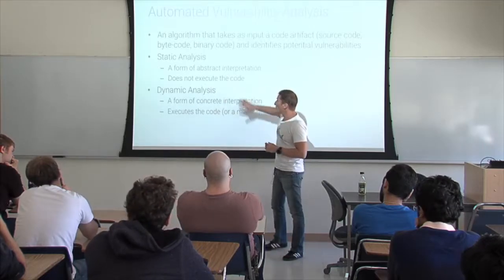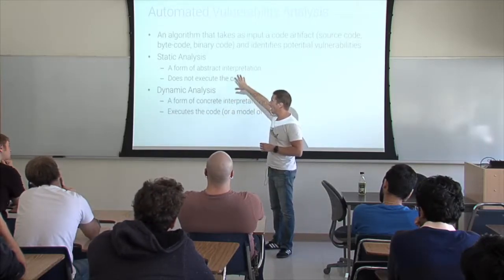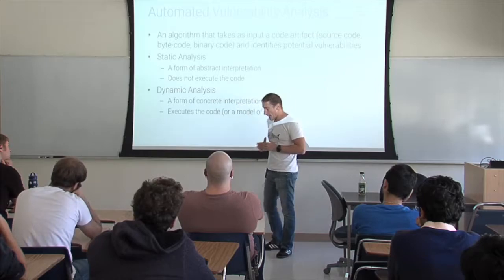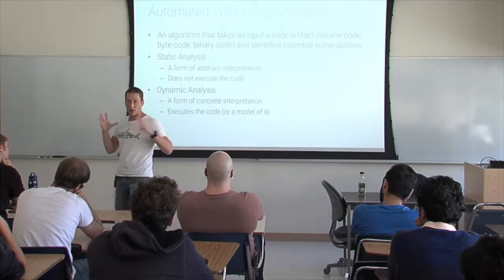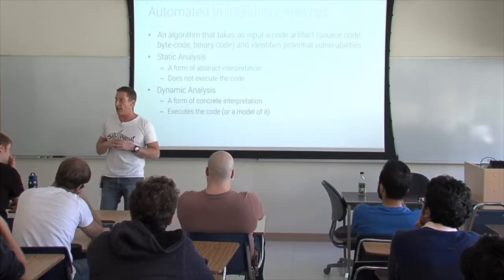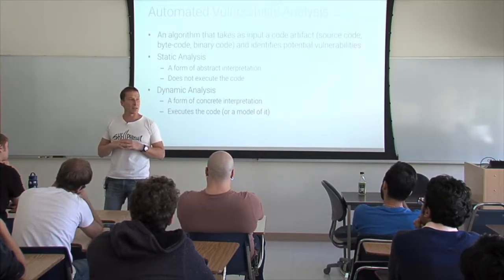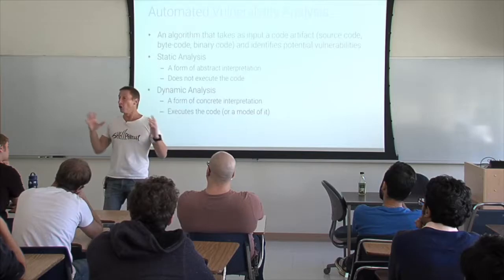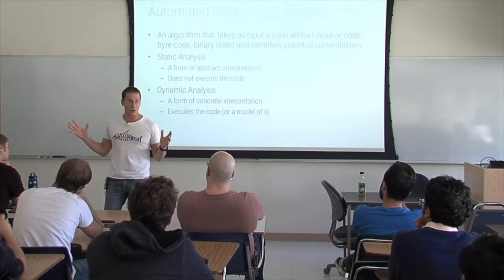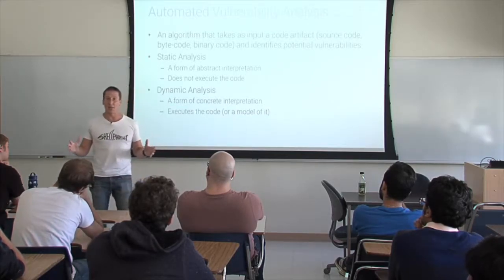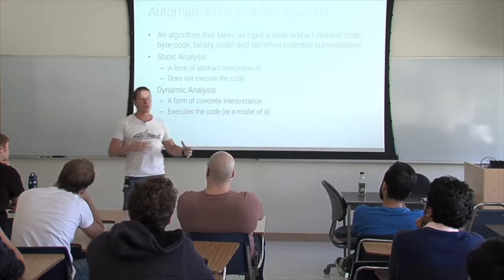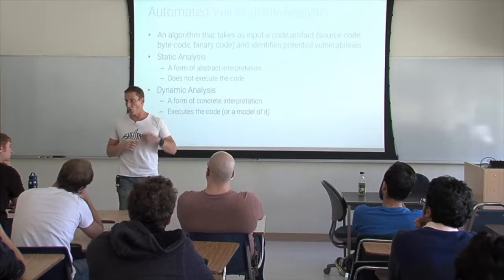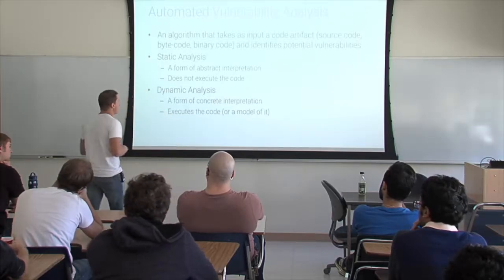And there are two ways to do it. As we mentioned, static analysis. The advantage of static analysis, which is sort of like an abstract interpretation of the code, is that most of the time you can reason about all the behaviors that you observe. So you can make statements like, oh, this program will never reach this particular condition, or will never reach this particular state.